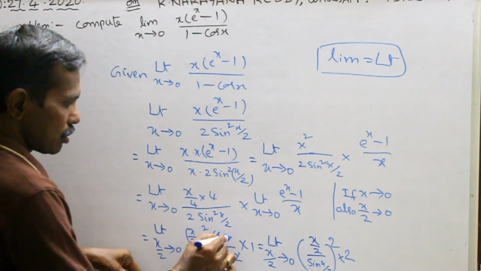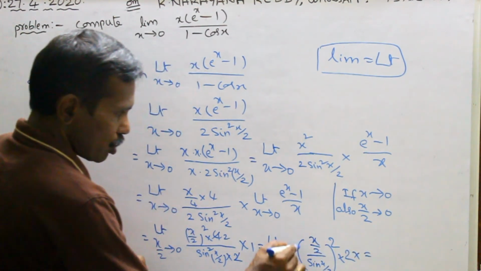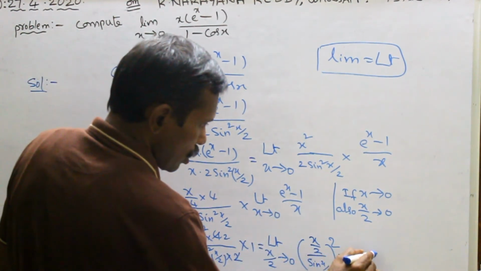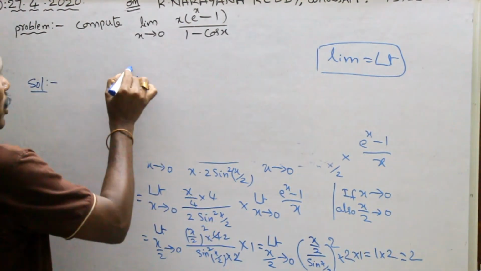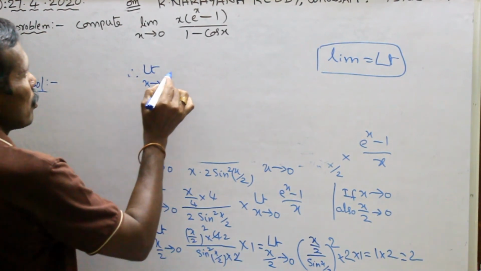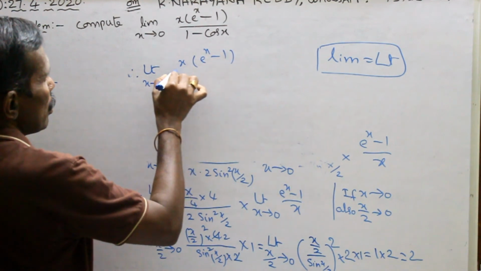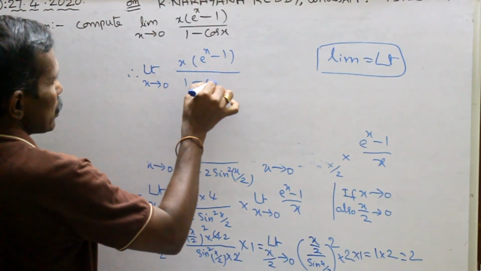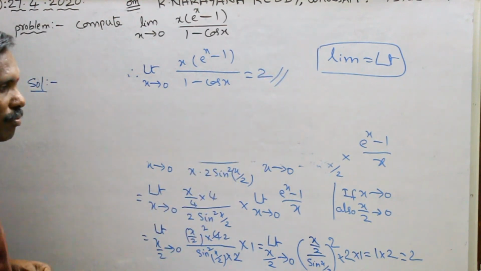This is 1. Okay? That equals, 1 square is nothing but 1, 1 into 2 equals 2. Therefore, limit x tends to 0, x into (e power x minus 1) divided by (1 minus cos x) equals 2. This is the required answer.